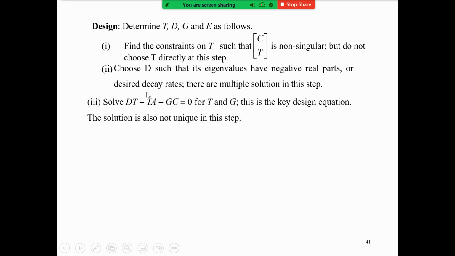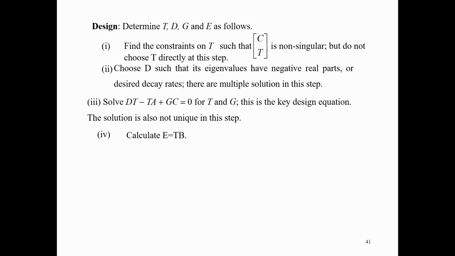The number of design parameters is more than the number of equations, so there are an infinite number of solutions. You choose numbers which are simple to compute, like 1 or 0. Basically, you fix some of the numbers to be 1 or 0, and then you try to solve the rest of the equations. That's the easy way out. And then finally you get the T, and then you can get your E.